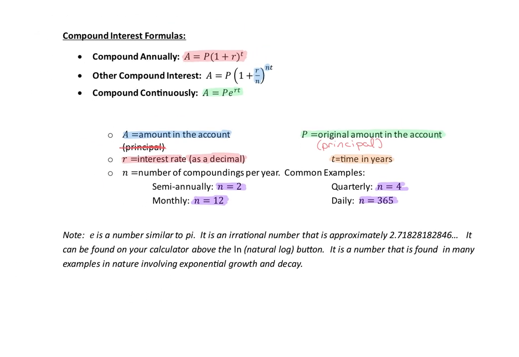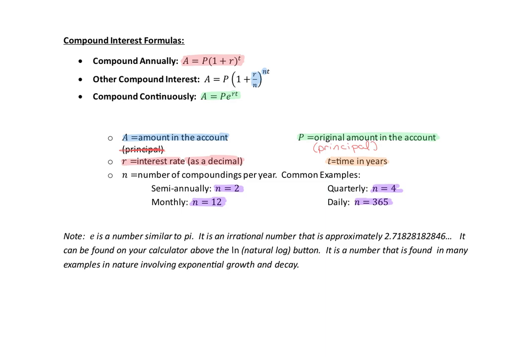All right, last thing that I do want to mention is let's talk about that number e again. As I mentioned, e is a number similar to pi, okay? It is an irrational number that is approximately 2.71828182846, and it keeps going, and it has no set pattern.